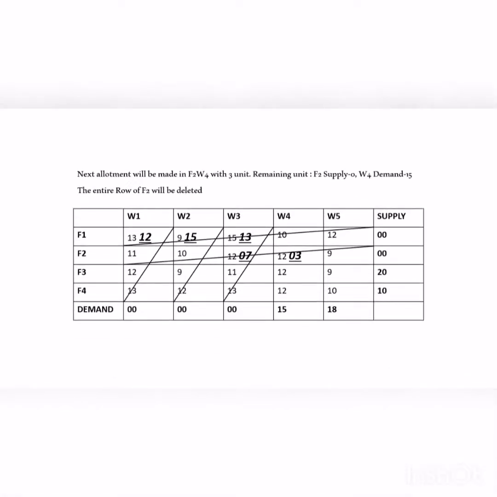For the next allotment we focus on F2 and W4 with the 3 units which we take from the supply side. And after that, the remaining unit, the F2 supply will be 0 and the W4 demand will be 15. And the supply side for the F2 must be 0, so we can delete the entire row of this.